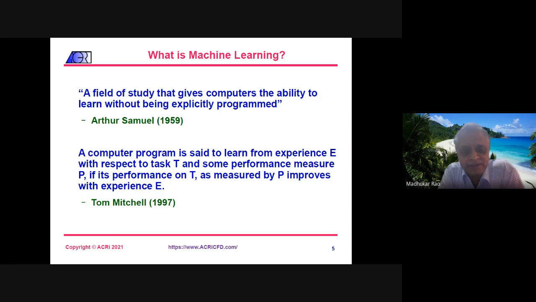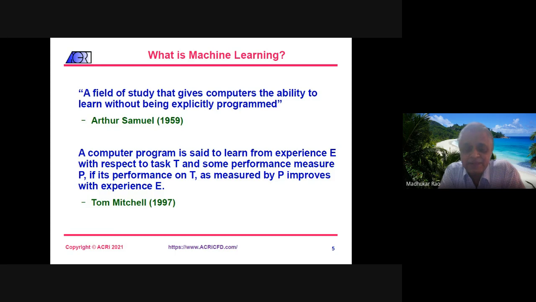And a more mathematical definition by Tom Mitchell in 1997, again author of a couple of famous books on machine learning: a computer program is said to learn from experience E with respect to some task T and some performance measure P if its performance improves with experience.